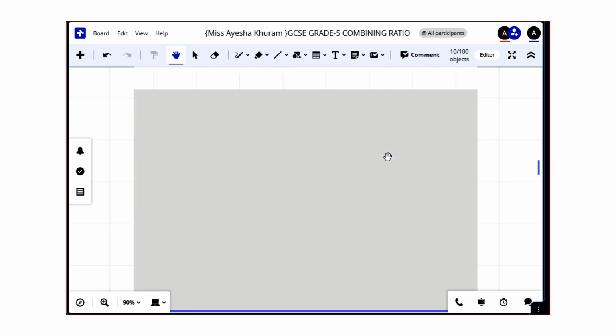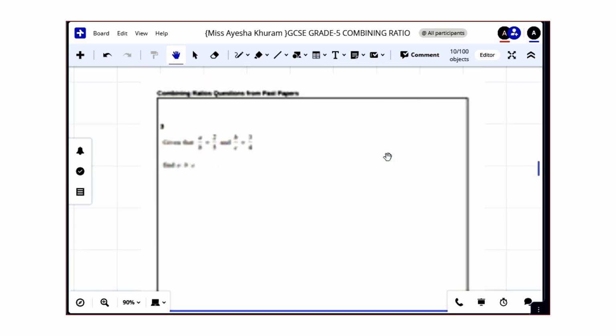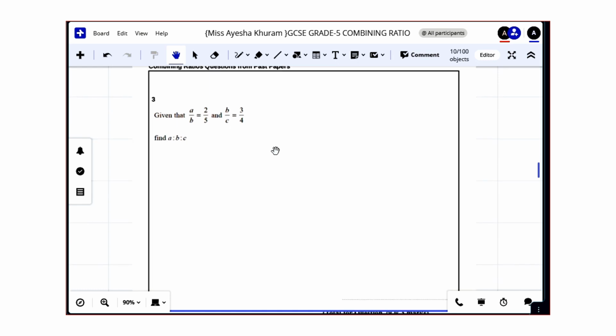All right, so let's go for question number 3 now. Question number 3 is not a word problem. They said A to B is equal to 2 to 5, and B to C is equal to 3 to 4. And he said, can you find A to B to C?